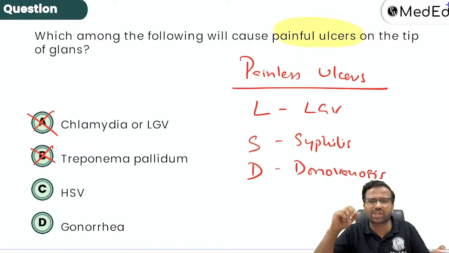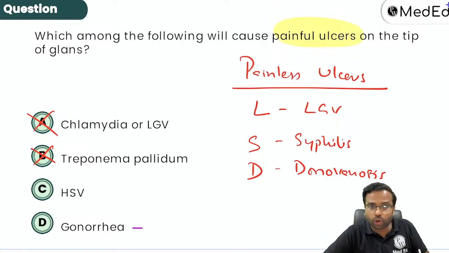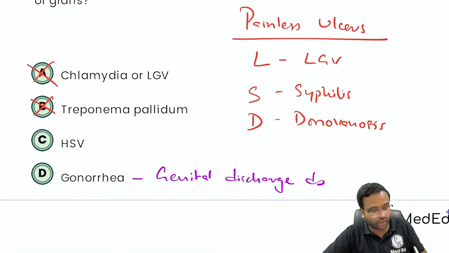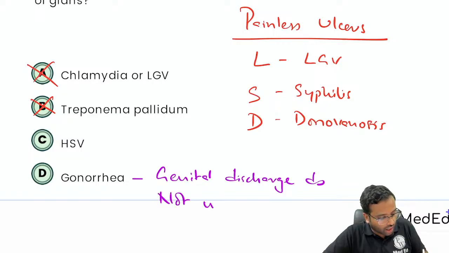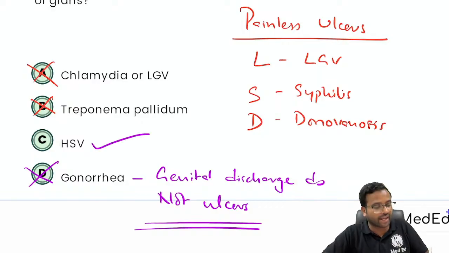Gonorrhea. Does gonorrhea cause any kind of ulcer? No. Gonorrhea can only cause genital discharge disease, not ulcers. So hence we can rule out this one as well. So what is the right answer here?